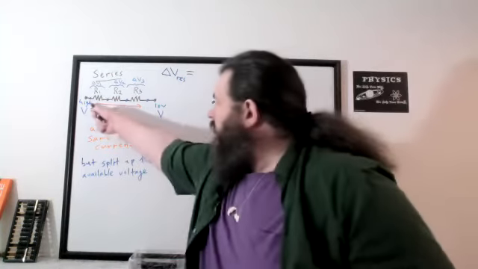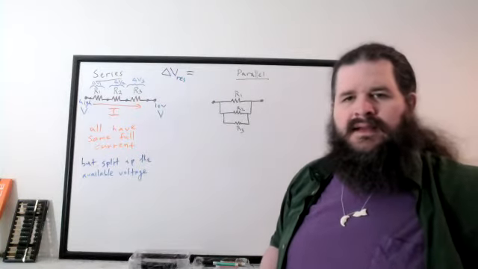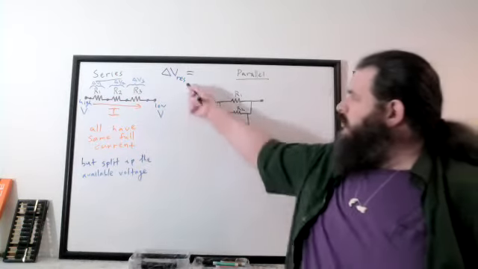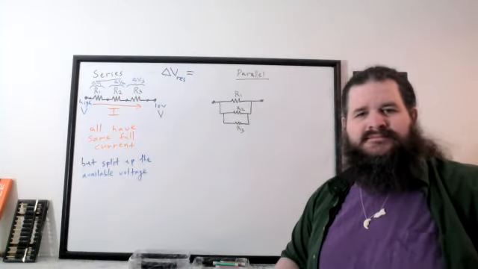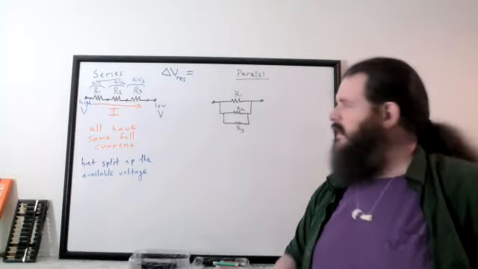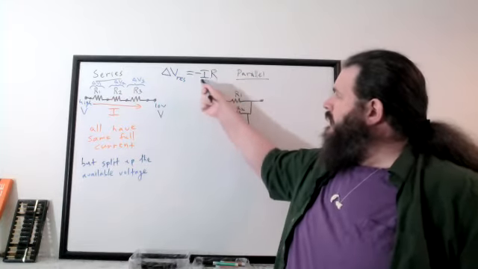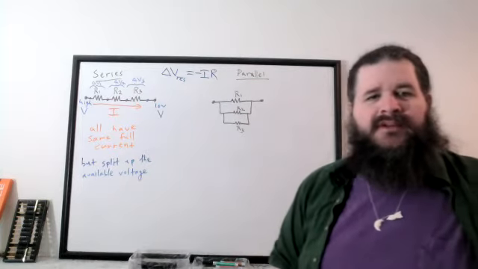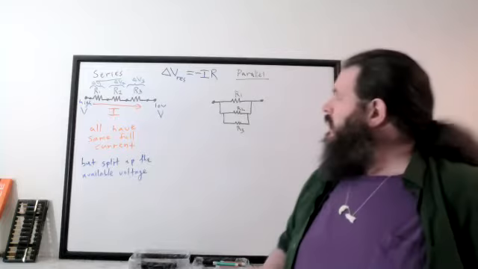Remember, they've all got the same current. And yeah, it's going to have to do with resistance, because what's our usual formula for delta V for a resistor? Yeah, negative IR. Let's ignore the negative for now, because we just want to look at how much the voltage drop is. We know it's going to be a negative because it's losing voltage.